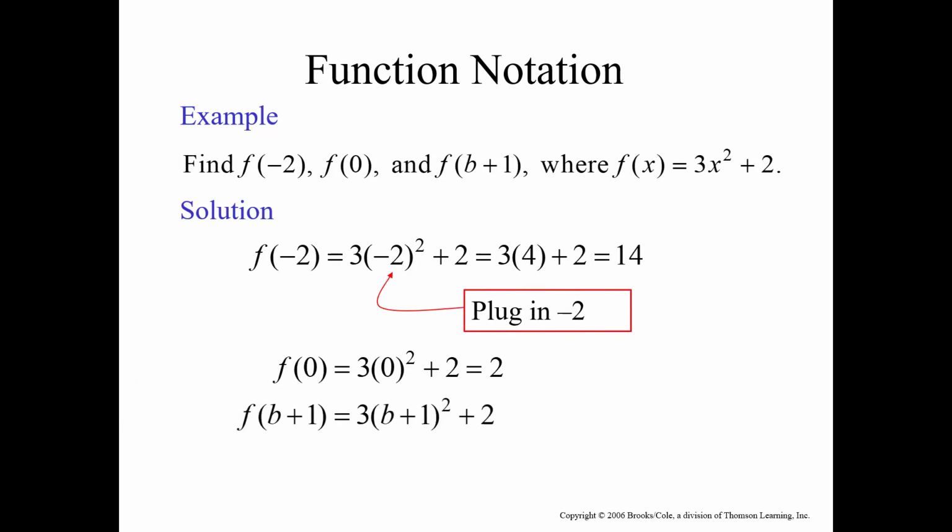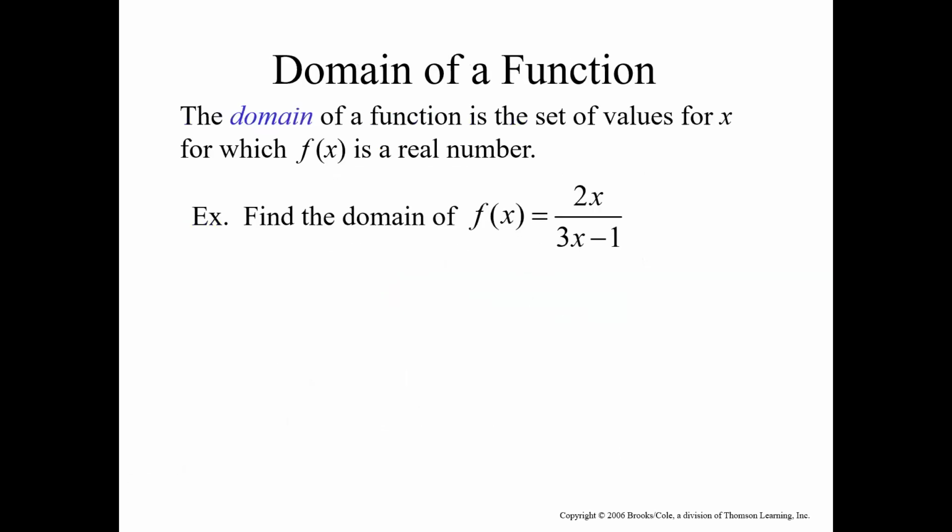Again, we end up getting the range to be 2. But if you substitute b plus 1, then we are going to get an expression that involves b. So 3b squared plus 6b plus 5. Okay, so this is an example of evaluating functions when you know the inputs of the domain and then evaluating the range on these inputs.